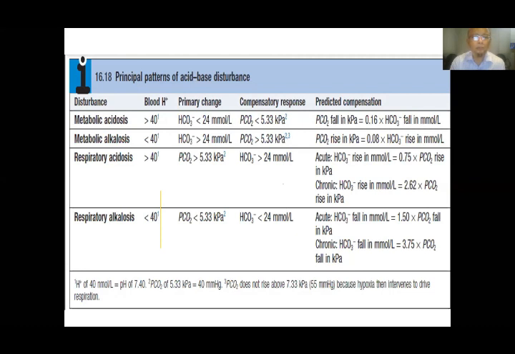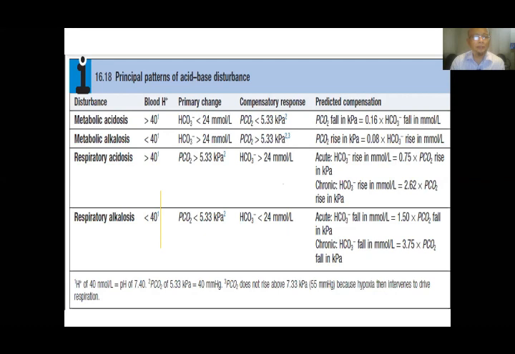As already mentioned, bicarbonate level will be less than 24 millimole, and the compensatory response, the partial pressure of carbon dioxide, will be less than 5.33 kilopascal. In case of metabolic alkalosis, the hydrogen ion concentration will be less, but the pH will be more than 7.45, and bicarbonate level will be more than 24 millimole.